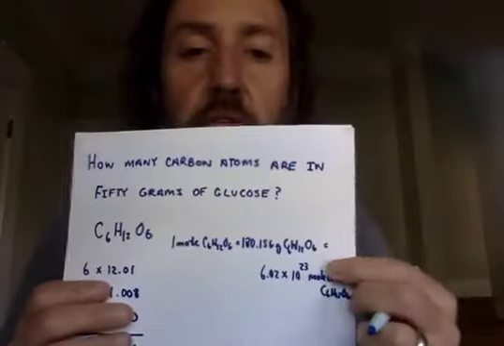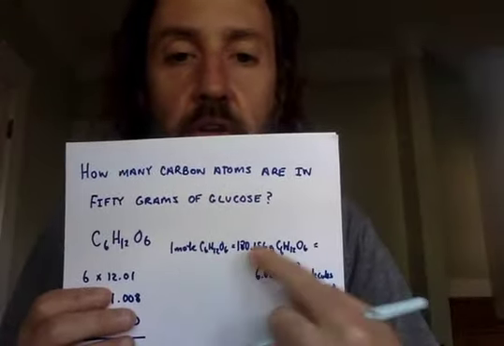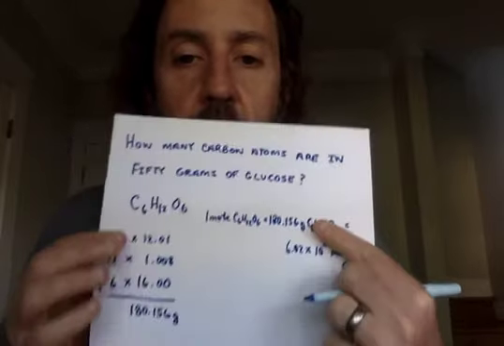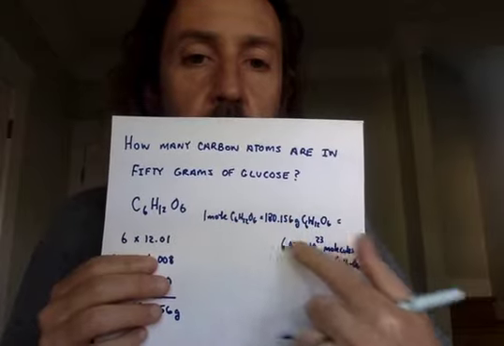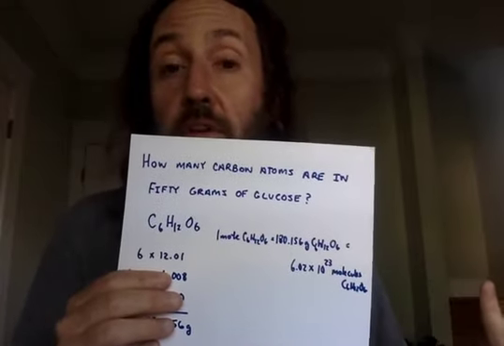Okay, so there's my relationship. 1 mole of this equals the molar mass, which we found here, equals Avogadro's number. Remember, the 1 mole and Avogadro's number are always the same.